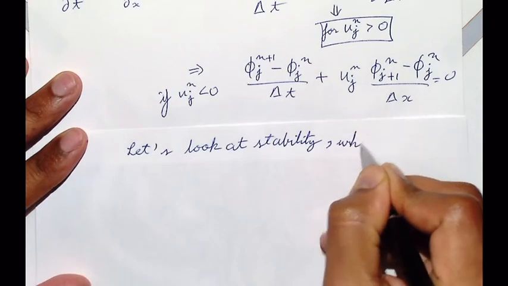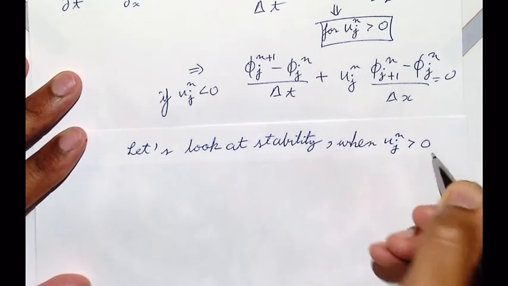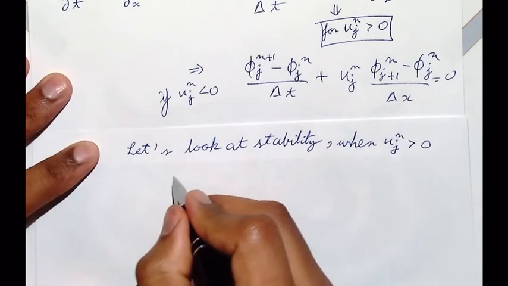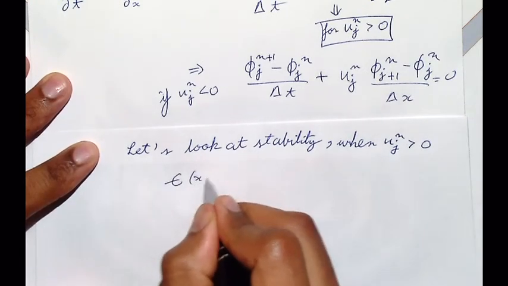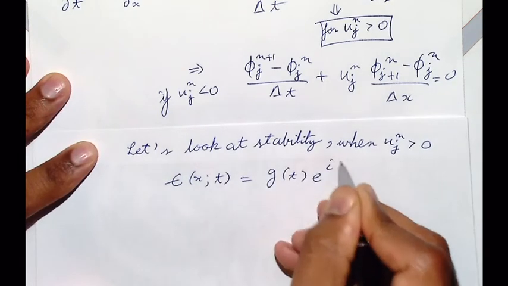Let's take the first case, when u j n is greater than 0. Again, epsilon of x comma t is some g of t, e to the i k x.